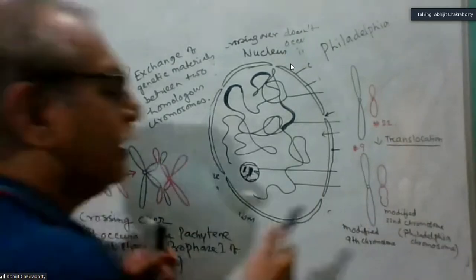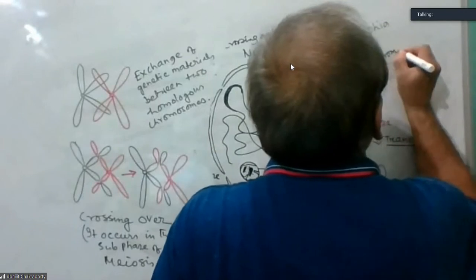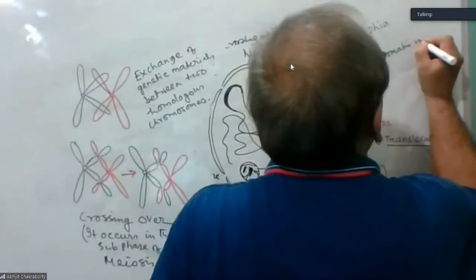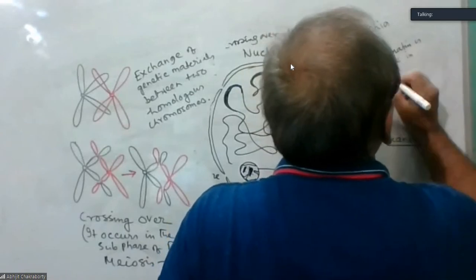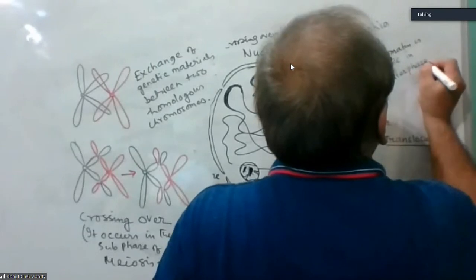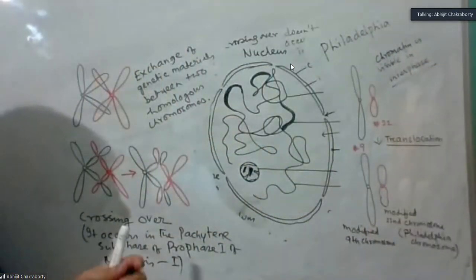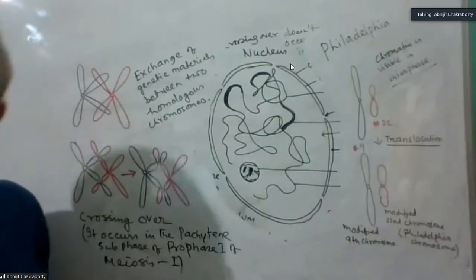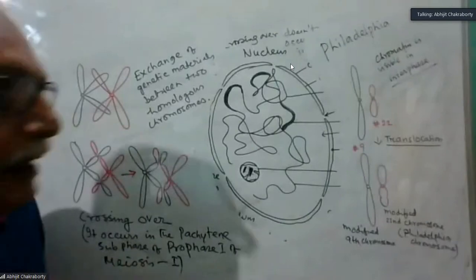That's why you can remember chromatin is visible in interphase. Chromosomes are visible mainly in M phase.